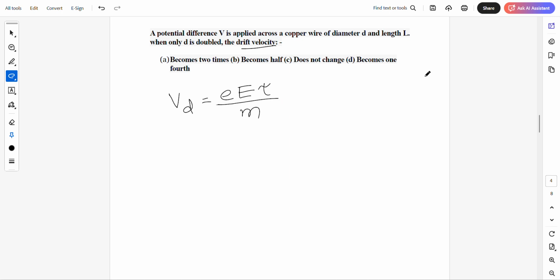Here we know E, electric field, is equal to V by L. So v_d is E e tau, relaxation time, divided by m into L. Now here if you double the diameter, nothing is going to happen for the drift.